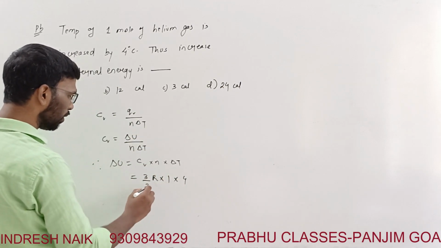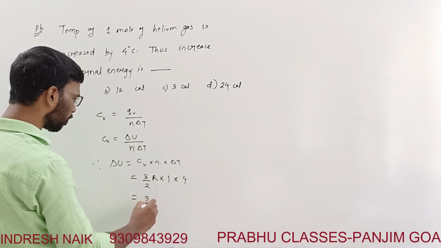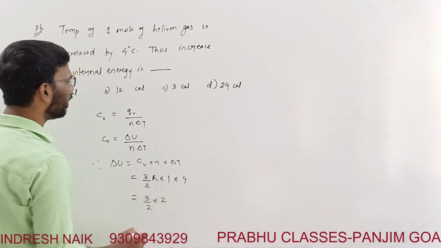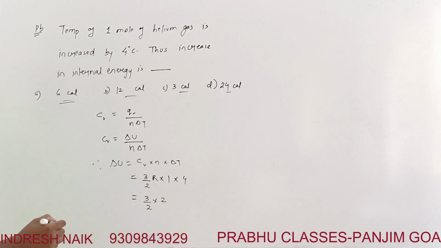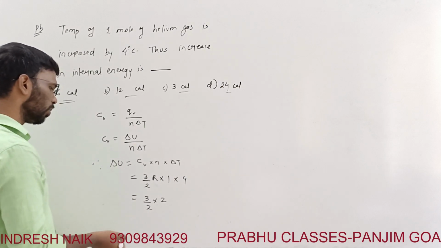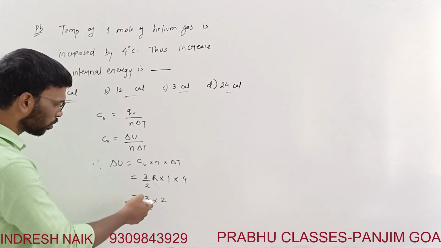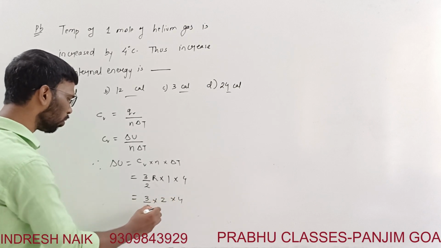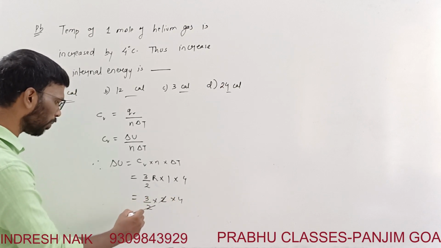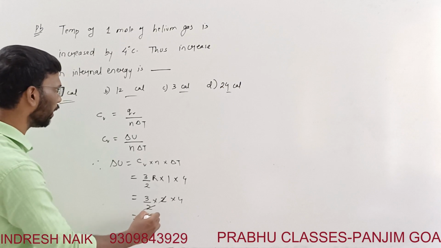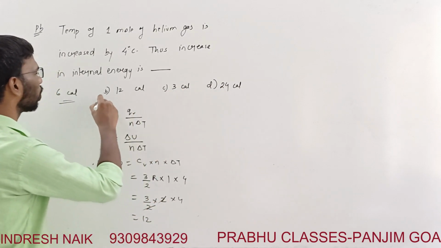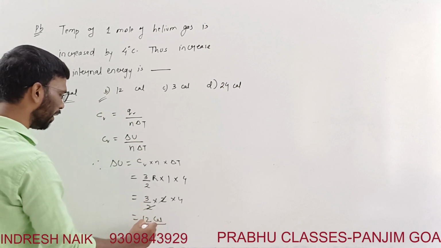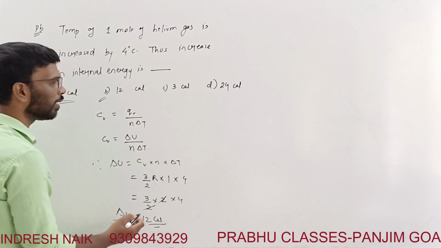R is equal to 2 calories per Kelvin per mole, because the options are given in calories. So this is into 4. This and this get cancelled, and what remains is 12. So the answer is Option B. 12 calories will be the increase in internal energy.